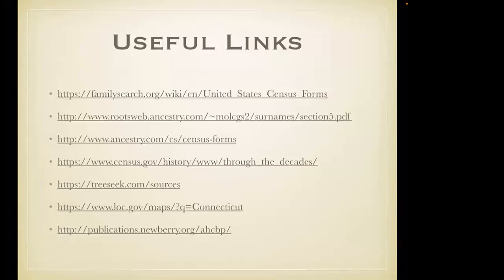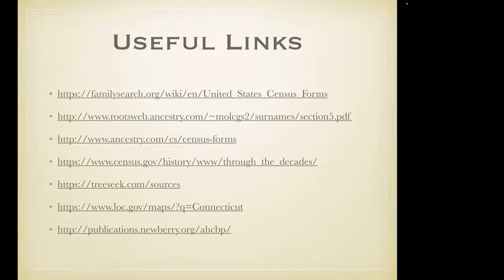Here are some of the useful links that I mentioned. You can see the census forms at the Family Search Wiki. Ancestry has census forms as well. I learned something as I was making sure all of these links still work.